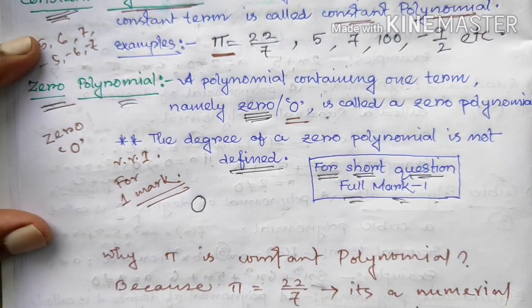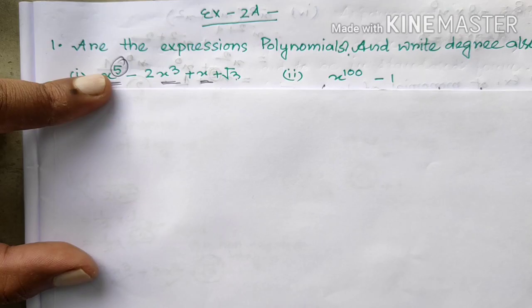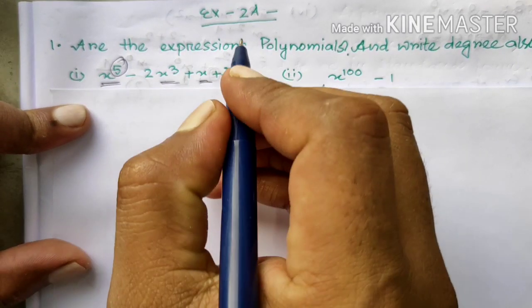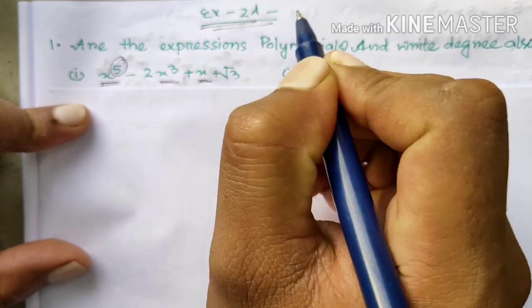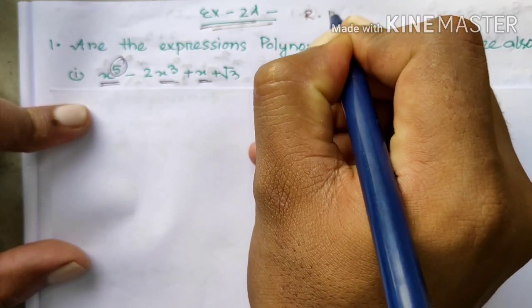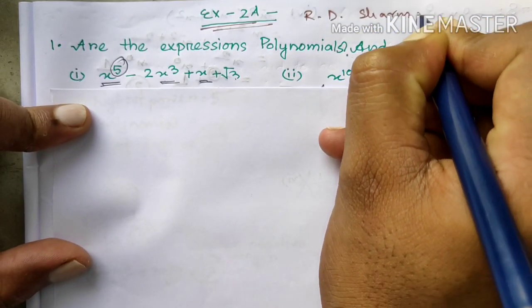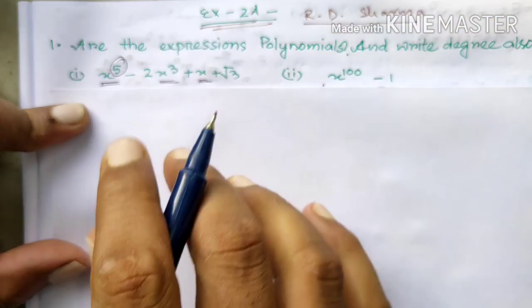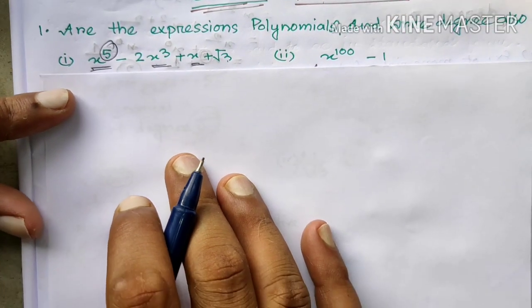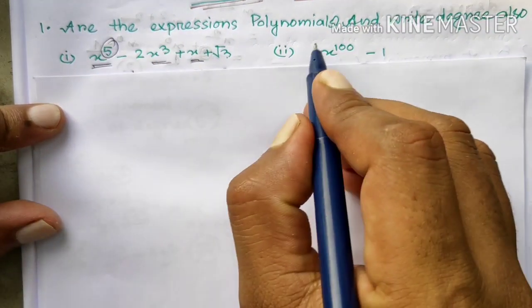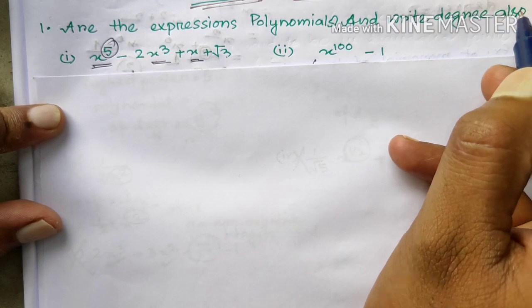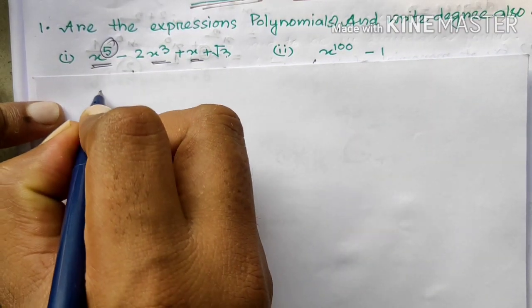Next, now we are going to solve some problems from R.D. Sharma exercise 2A. Are the expressions polynomials? If polynomial, then write the degree also.